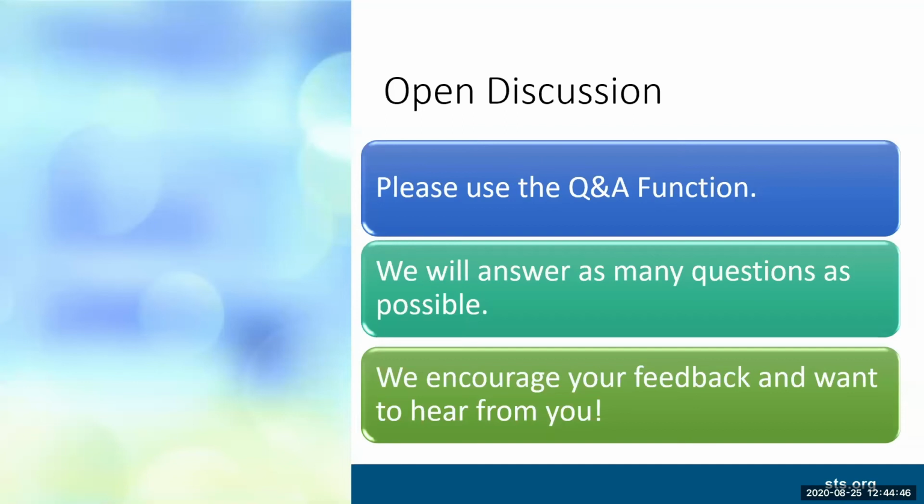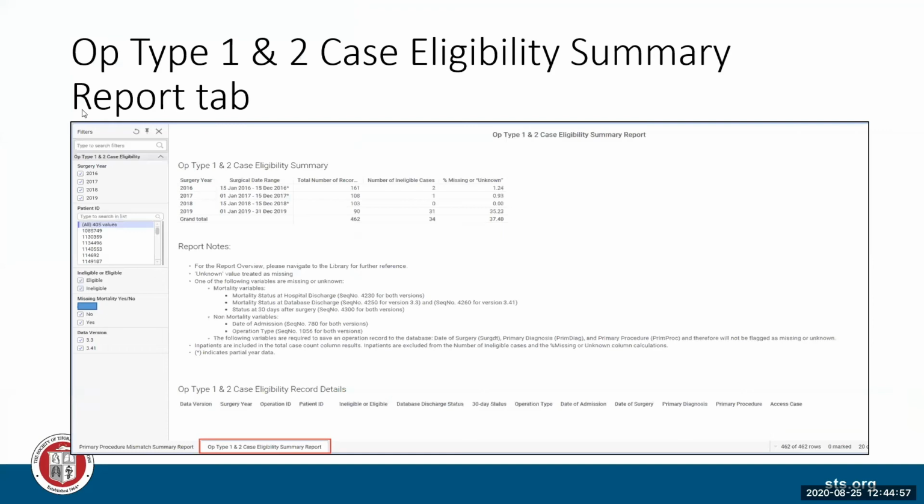All right. And our next question from Kelly, she had a follow-up. Does the case eligibility report take into account the variable patient remains hospitalized during this episode of care? I believe we did have a footnote here. Inpatients are included in the total case count column results, and patients are excluded from the number of ineligible cases and the percent missing or unknown column calculations.